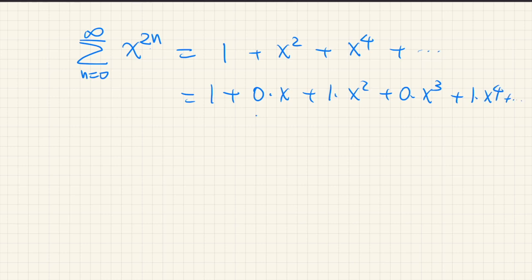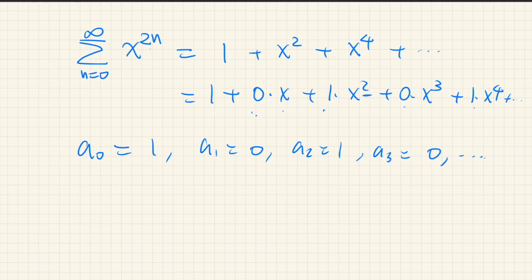So the coefficients of the odd exponent terms are all 0, and the coefficients for even exponent terms are all 1. So a0 is 1, a1 is 0, a2 is 1, a3 is 0, and so on. Just 1 and 0 alternating, one after the other.